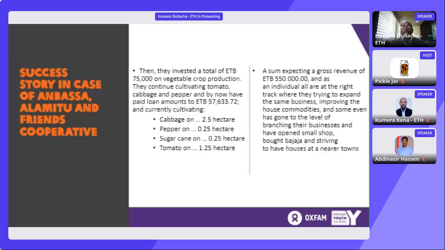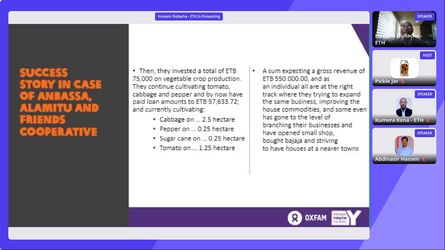That means cabbage is on 2.5, pepper is on 0.25, sugarcane is also included, and tomato is also in process. Sugarcane, by the way, is included in this production for rotation purposes.